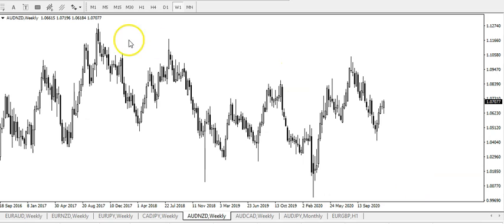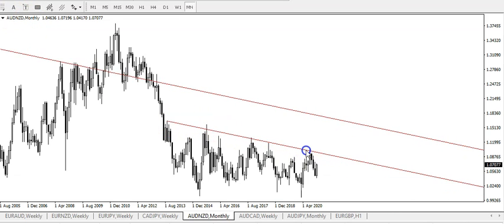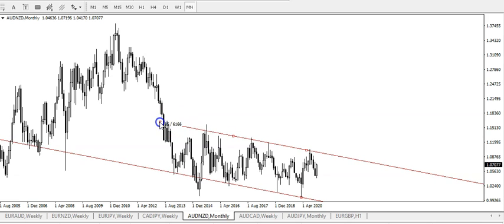Next, Aussie Kiwi. So Aussie Kiwi, oh, okay. Immediately I would see, not sure if you can see it, but this is what I'm looking for. It's not very obvious, but this is kind of the pattern I'm looking at.